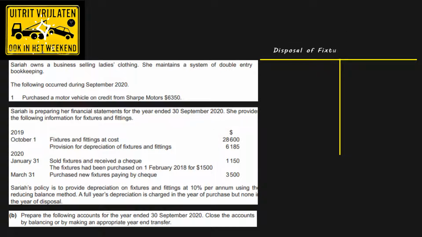Now let's look at the final account, disposal. Now, the disposal account, we saw that we transferred the disposal from the fixtures account from your credit side. So here in your disposal account, you record it on your debit side from your fixtures, which is 1500. Then you record your provision on your credit side, 285.